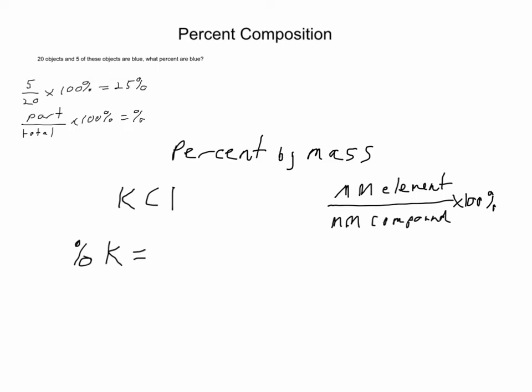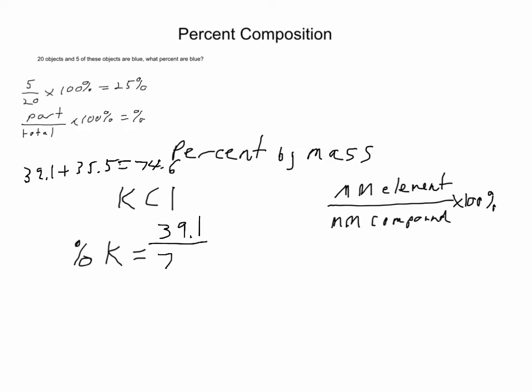So the molar mass, the part of potassium, is 39.1, and the total molar mass of potassium chloride, we have to add potassium plus chloride, so that's off to the side 39.1 plus 35.5 to give us 74.6 grams per mole.